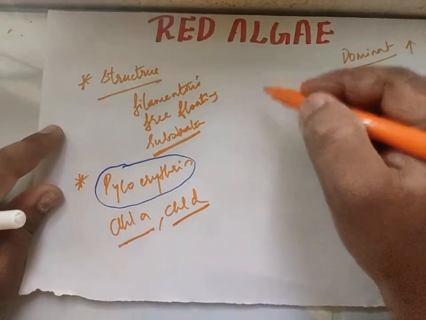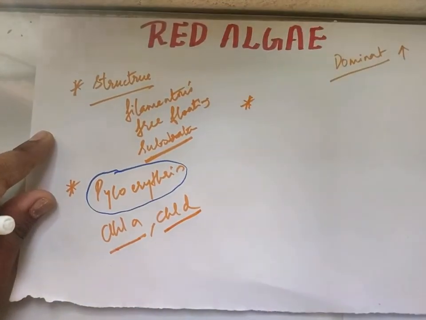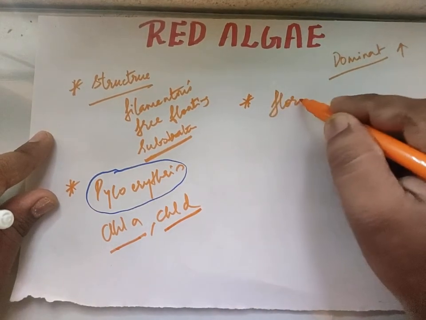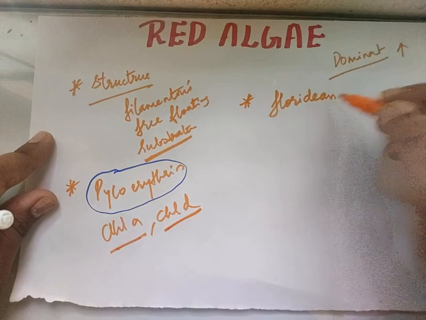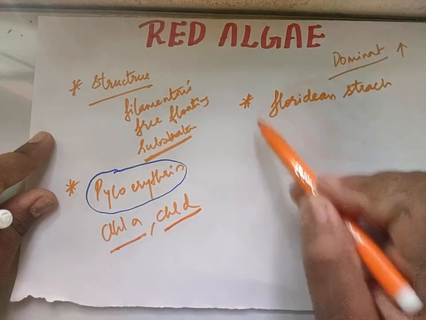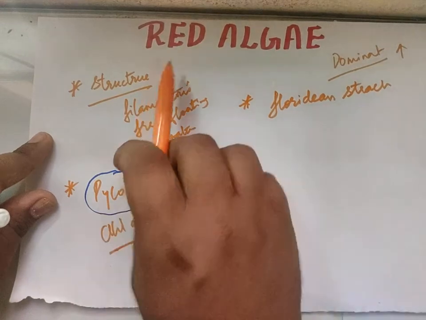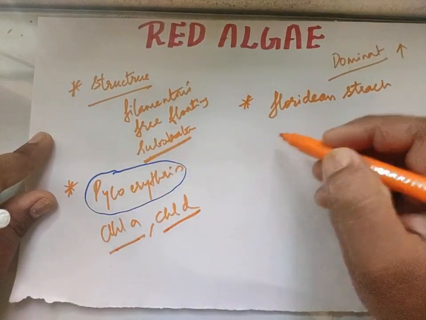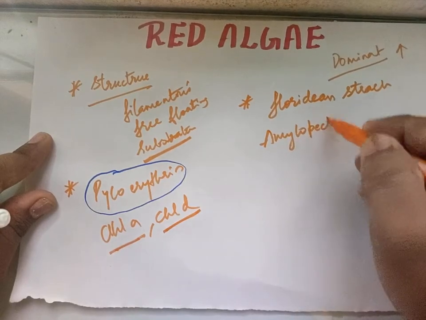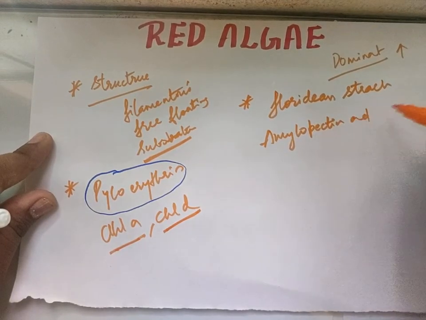Now one more thing is the reserve food material. Here the reserve food material is in the form of Floridian starch, and the structure of this Floridian starch present in the red algae is similar to amylopectin and glycogen.